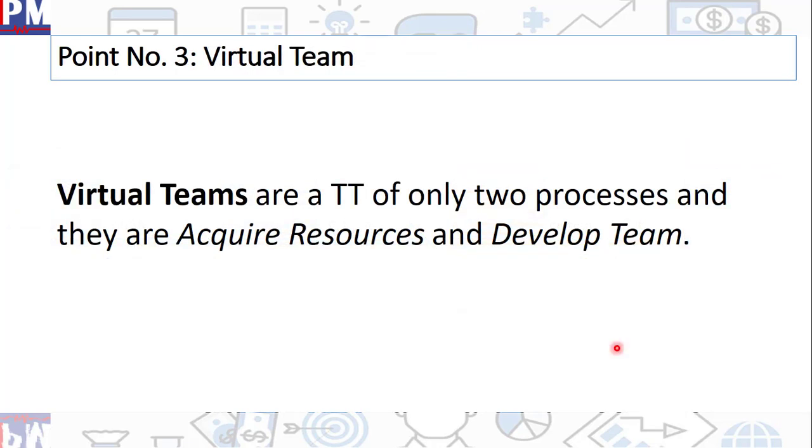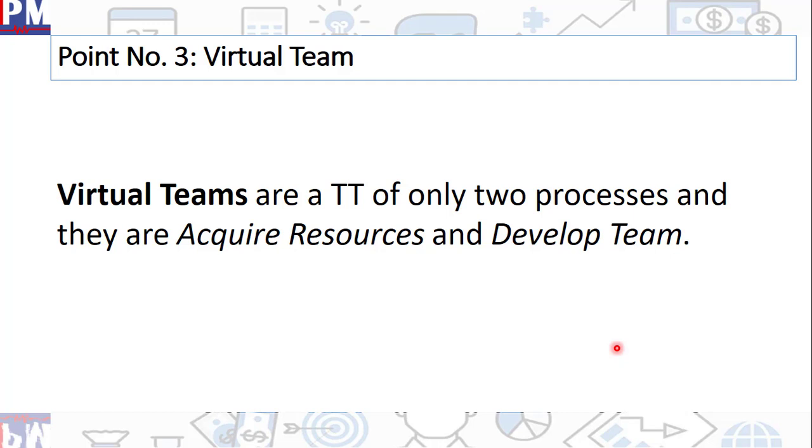Point number three, sorry. Virtual team. Virtual teams are a tool and technique of only two processes, and they are acquire resources and develop team. That means when you see any examination question which discusses virtual teams, essentially the scenario is only related to either acquire resources, getting hold of the resources, or developing the team.